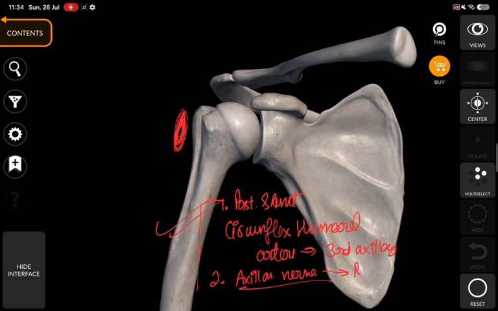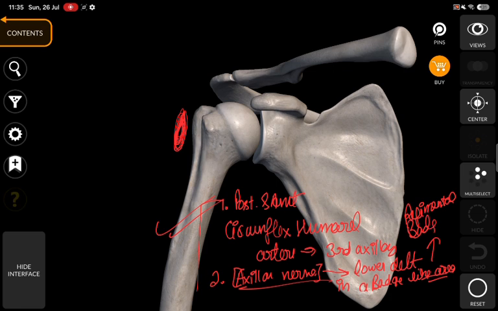So lesion of the axillary nerve leads to loss of sensation on the lateral side of the lower half of the deltoid muscle, in a badge-like area, also called the regimental badge.